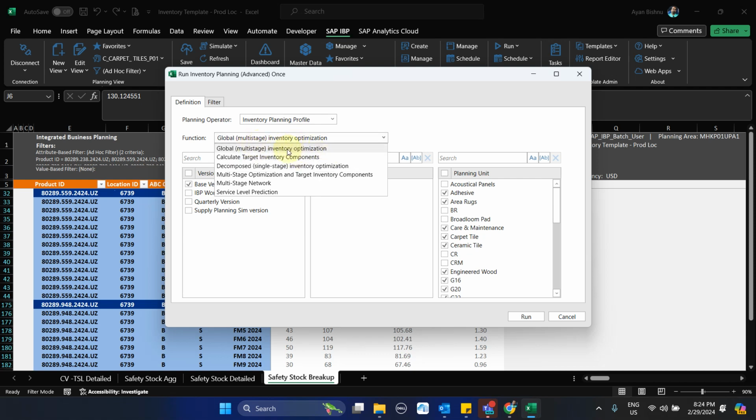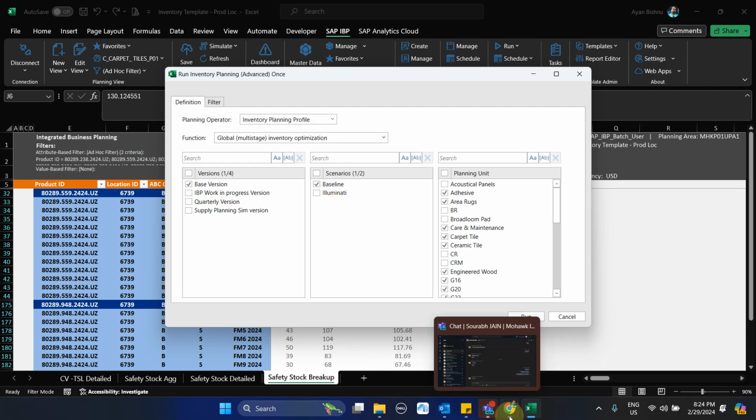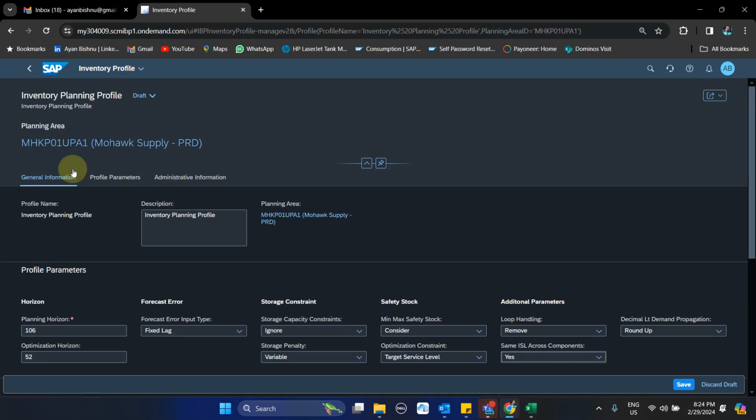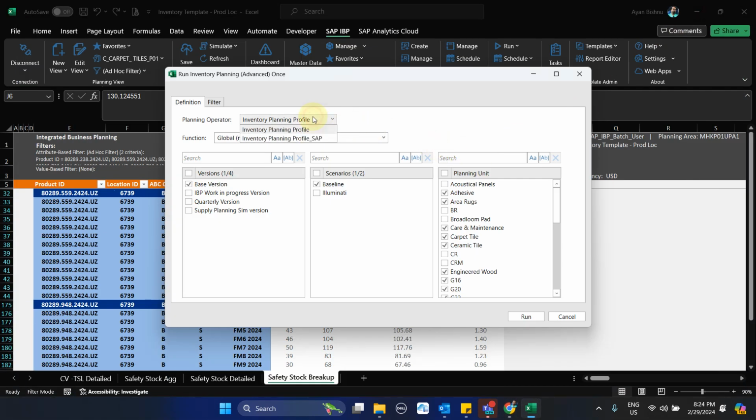For this I select global stage inventory, and just before this we have shown you how to configure the inventory optimization profile. If you see here, I have updated this profile called inventory planning profile, and this is the planning profile I am going to use.